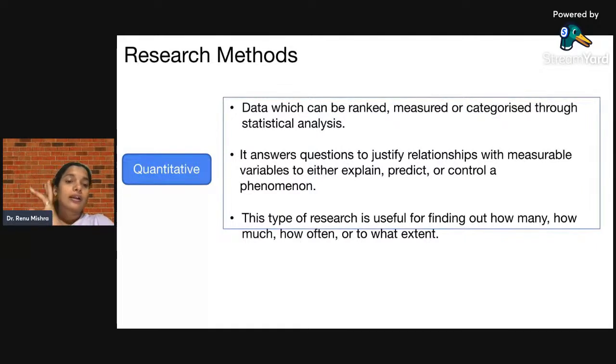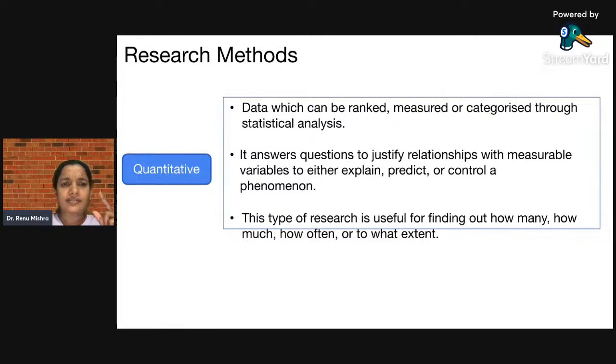Or give a rating on a scale of 10 or 5 to the brand Louis Vuitton. This kind of research, in simple language, collects information that is not detailed responses. That kind of data is quantitative data, and the research methods we are applying here are quantitative.